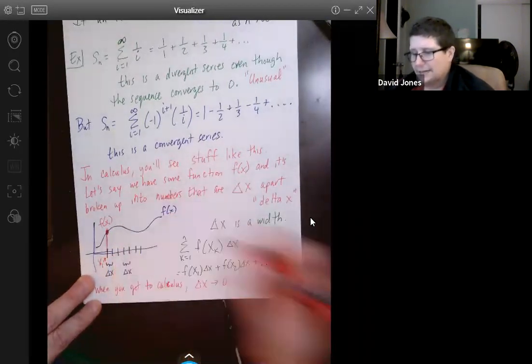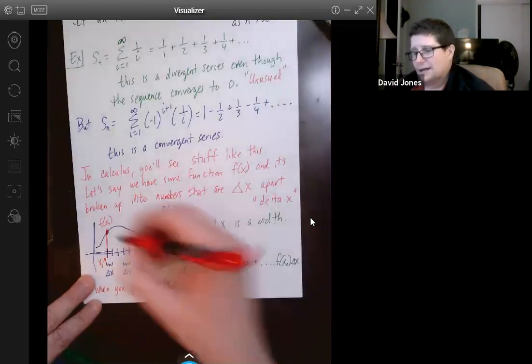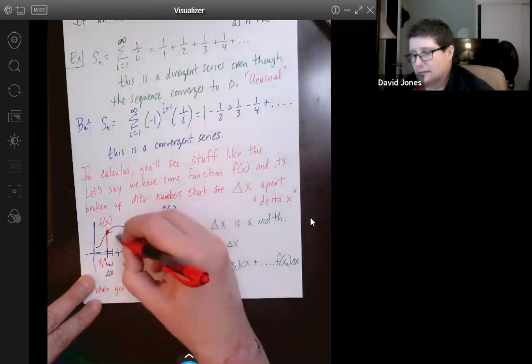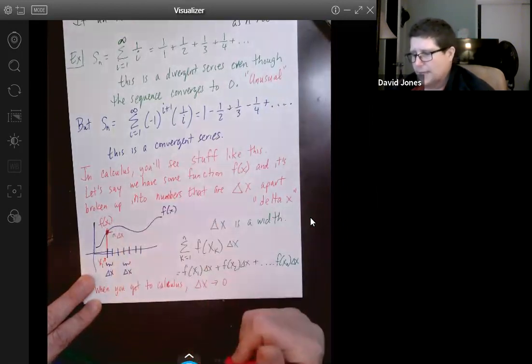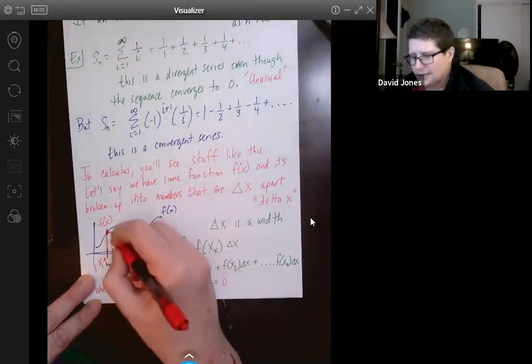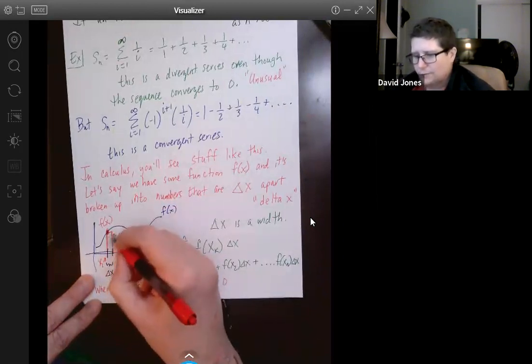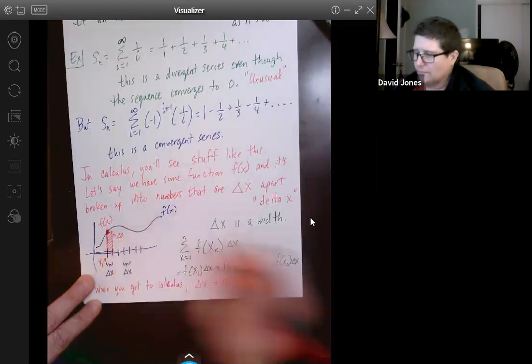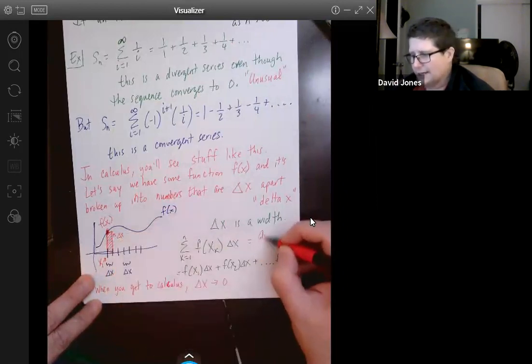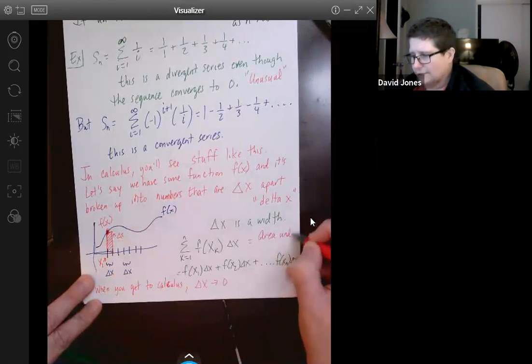That's really a height. And delta x is the width. And if we're multiplying the two, f of x sub 1 times delta x, you're ending up with a rectangle. So this thing is actually calculating the area under a curve.